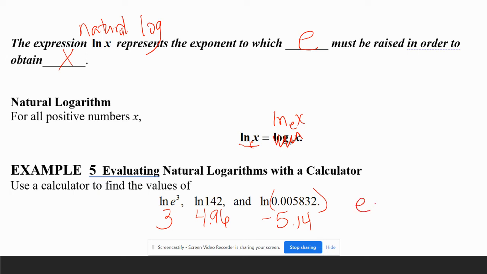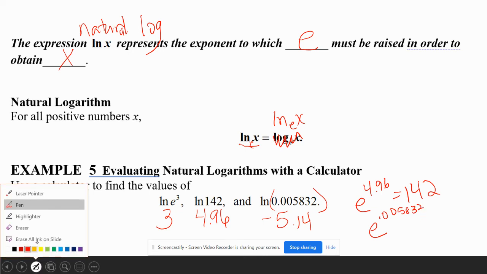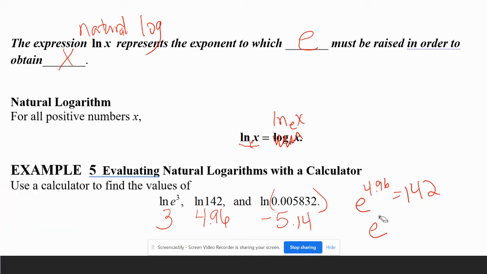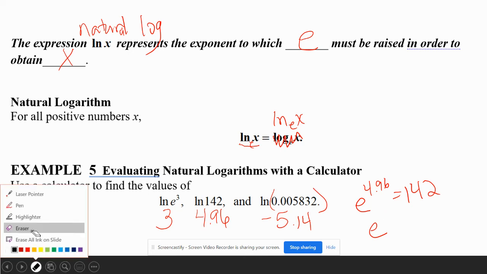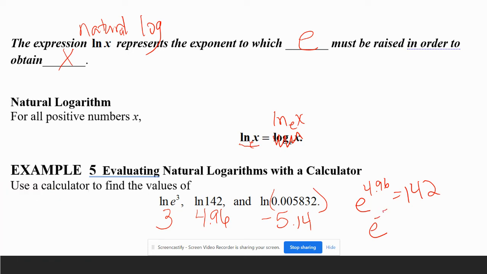Remember, this is raising e to the roughly 4.96 power to get 142, and e to the negative 5.14 power to get 0.005832. So we're raising base e rather than base 10.